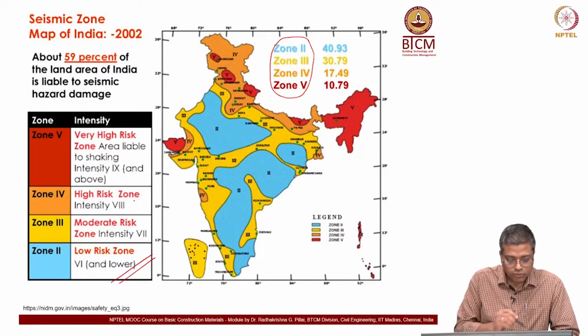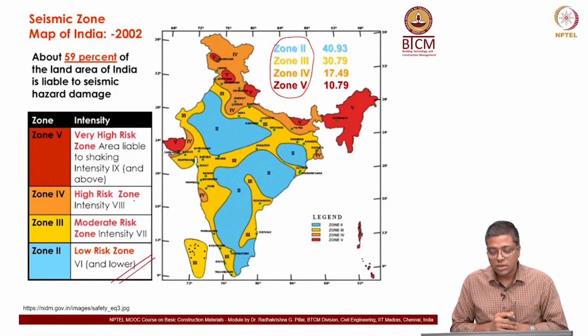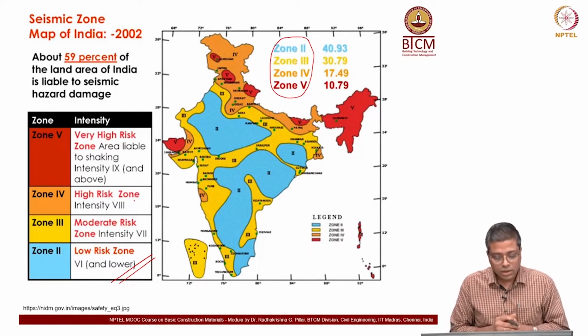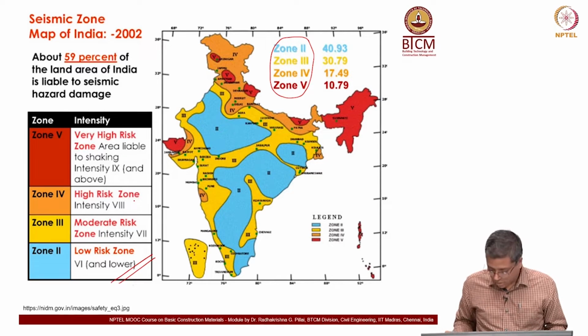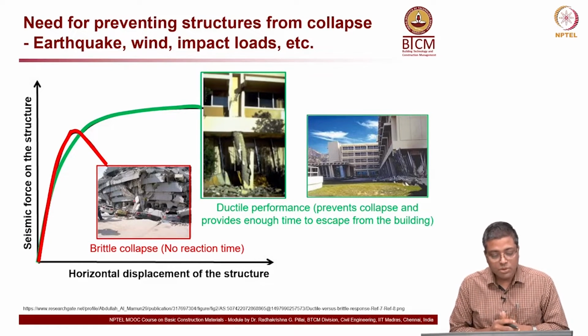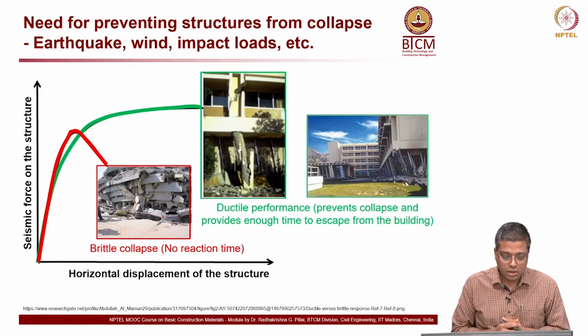Zone 4 is a high risk zone, and zone 5 with red color is a very high risk zone. So, in India, the various geographic locations have different hazard levels for seismic activity. That means that we also have to design our structures to resist such loads.